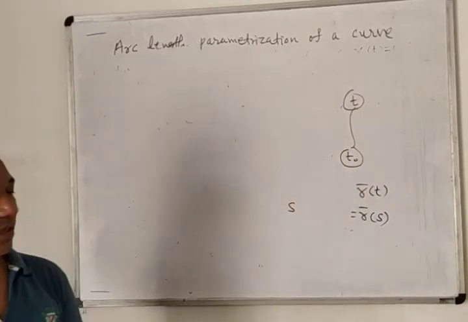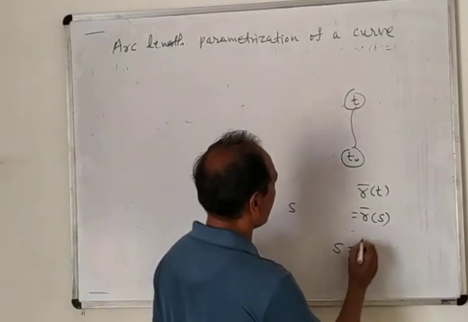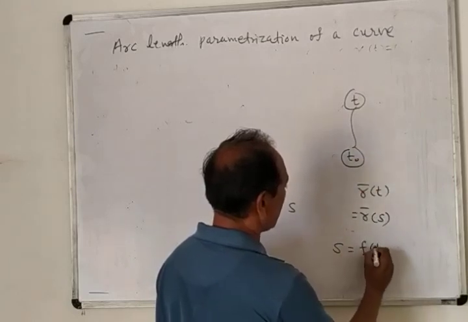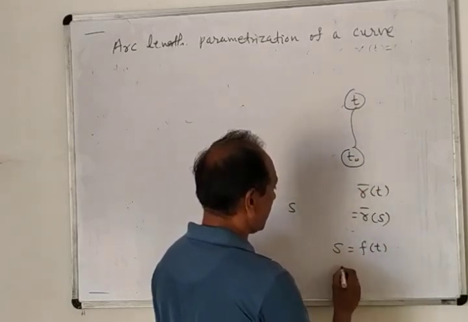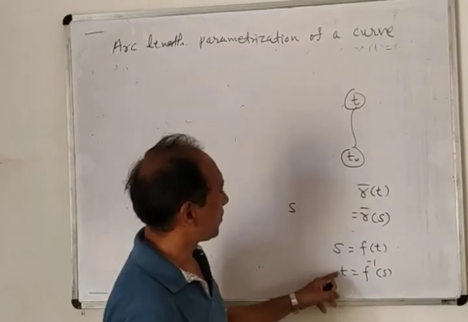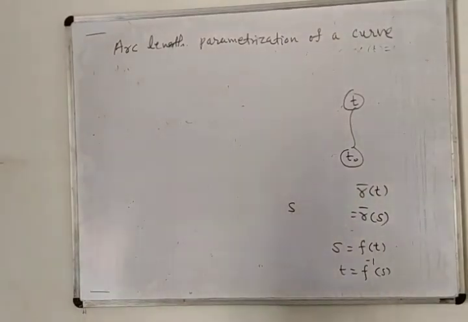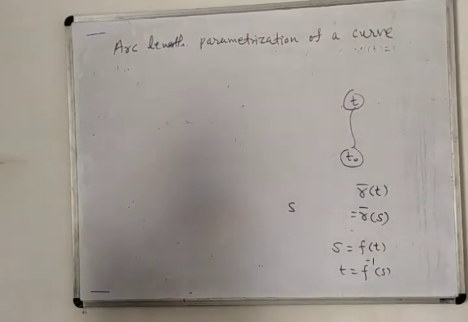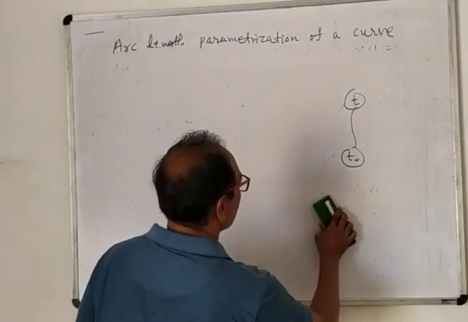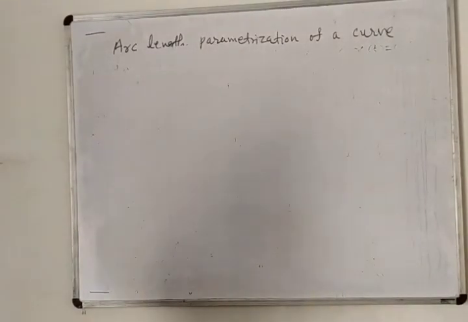So we get s as some function of t, then we can convert t in terms of s, and put this value of t in the function. So we get the curve in terms of s. It is very easy to obtain the arc length parameterization of the curve. Let us see one example based on this, so that it will be clear to you directly.